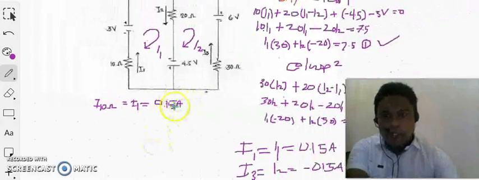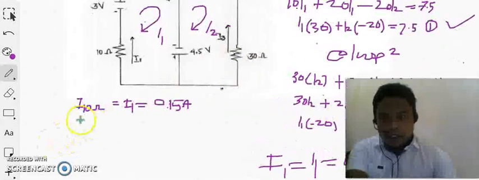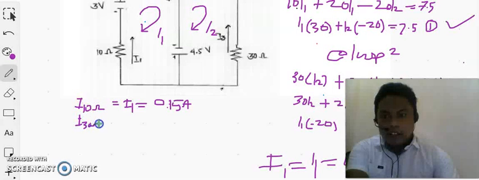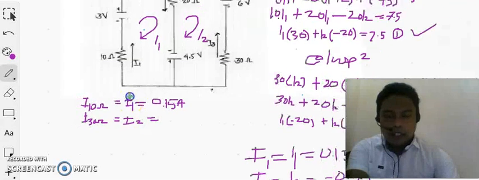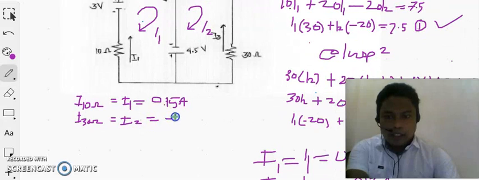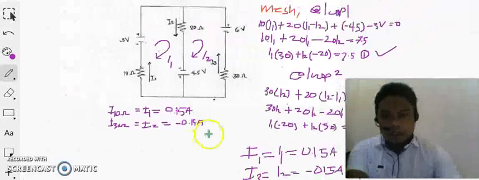And then our current for the 30 ohms is I2, and the answer is negative 0.15 ampere.